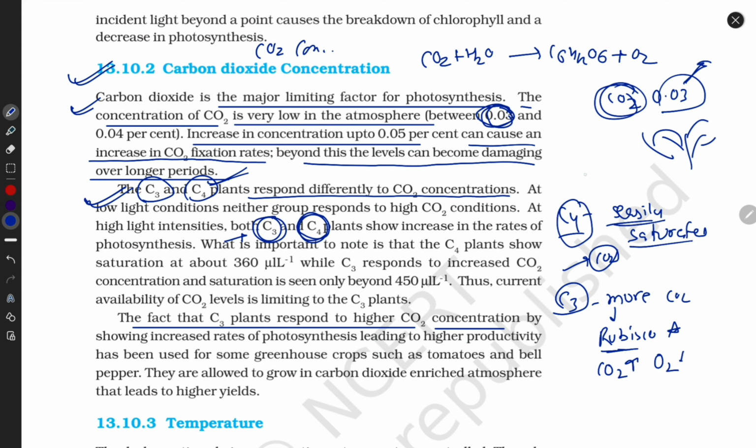They are easily satisfied because they contain PEP carboxylase, and it only binds with CO2. So they only take CO2, whether it is low or high in number. But in the case of rubisco, CO2 must be high. If oxygen is high, it carries oxygen. So that's why the C4 cycle is best.